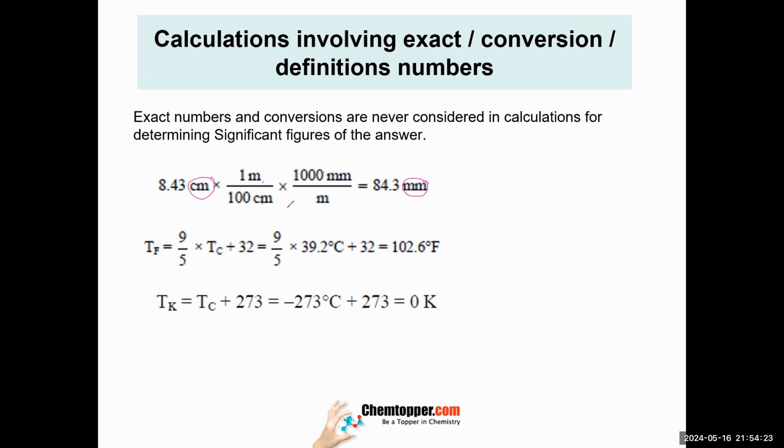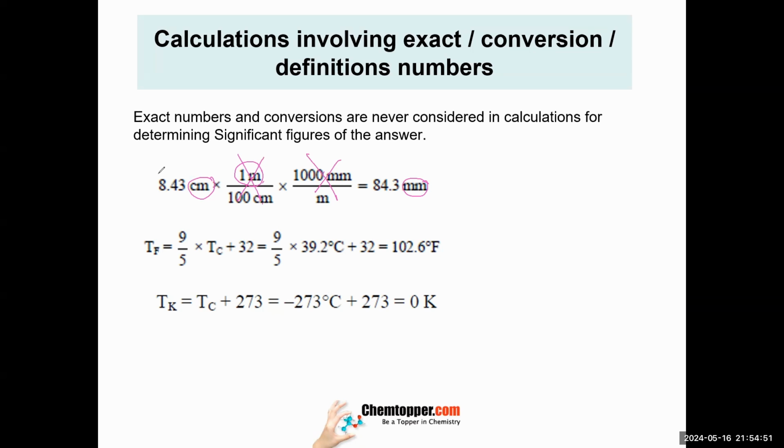Here, I'm not going to use that rule of multiplication, division, and I'm not going to say that 1 meter has only one significant figure and my answer should be in one. No. Do not consider defined numbers, conversions, or the counted number, which are exact numbers.